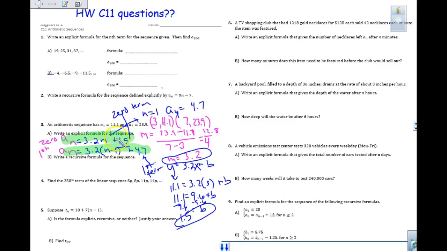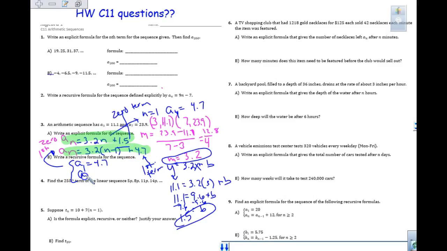So on the test, sometimes you're given a recursive formula. If I was given part B in number 3, if I was given recursive, I would have gone to this one and I would have written this. I would not rewrite it this way, right? Because in the recursive, they have to give you the first term, they have to leave it with 4.7. So I already know that going in here.